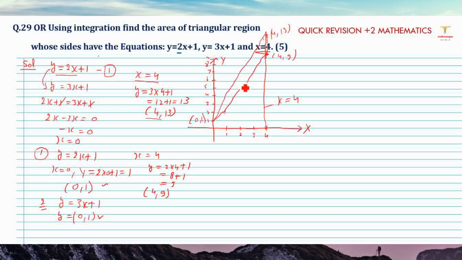Now I have to find the area bounded by, see, this line y is equal to 2x plus 1. This line is y is equal to 3x plus 1, and this line, obviously, is x is equal to 4.